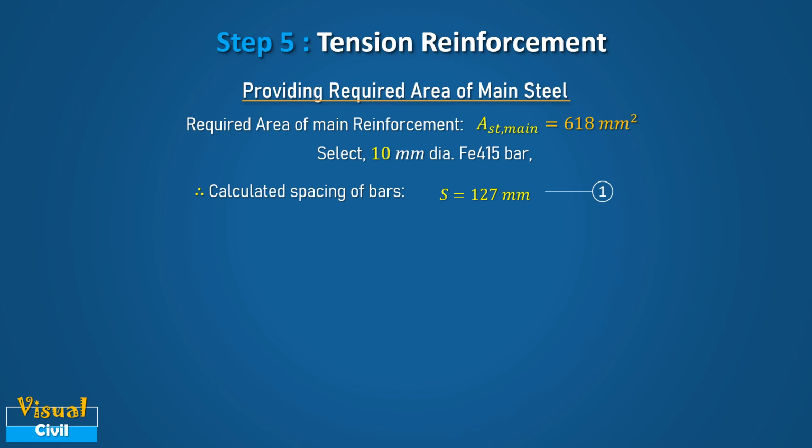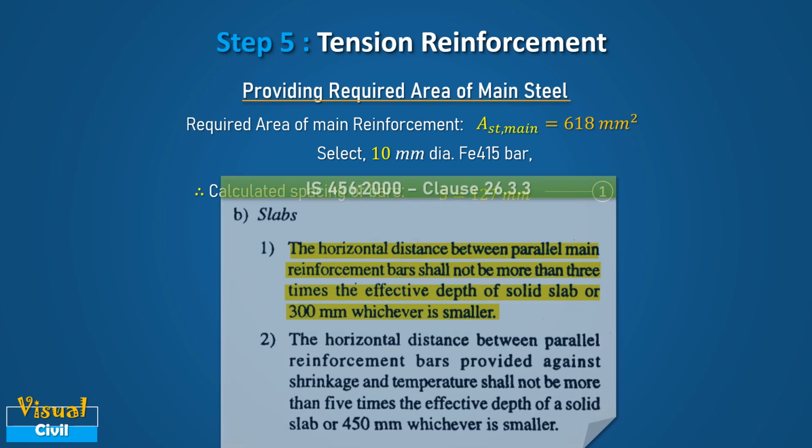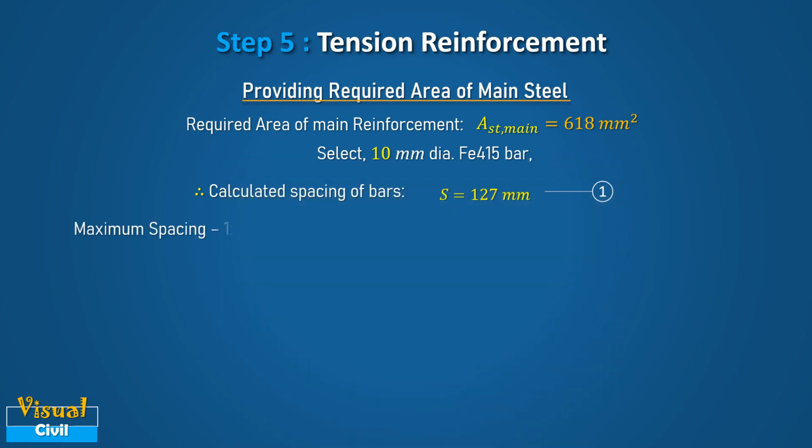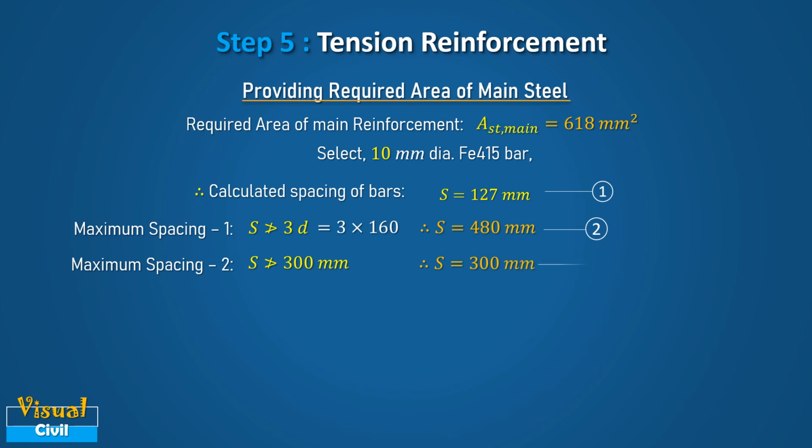But as per clause 26.3.3, the maximum spacing of the bar is 3 times the effective depth of the slab, or 300 mm, whichever is smaller. So let us calculate the second value of spacing equal to 3 times effective depth, which is equal to 480 mm, and the third value of spacing is equal to 300 mm.